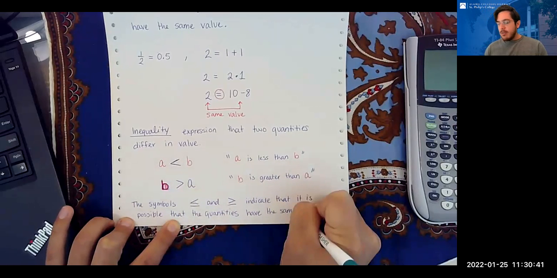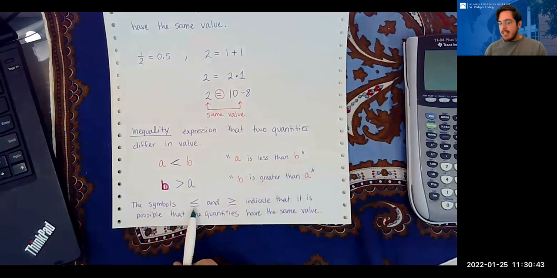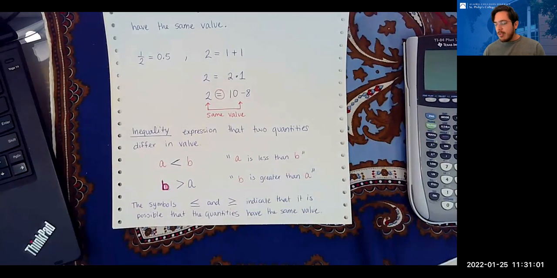So again, this looks like a combination of the less than sign and the equal sign because it has a little bar underneath it. So we call that the less than or equal to sign. Again, less than or equal to, because it's possible that the quantities could have the same value. It's possible that they're equal to each other. And then this symbol, which looks like a combination of the greater than symbol and the equal sign, indicates that something is greater than, or it's possible that the quantities have the same value, greater than or equal to.